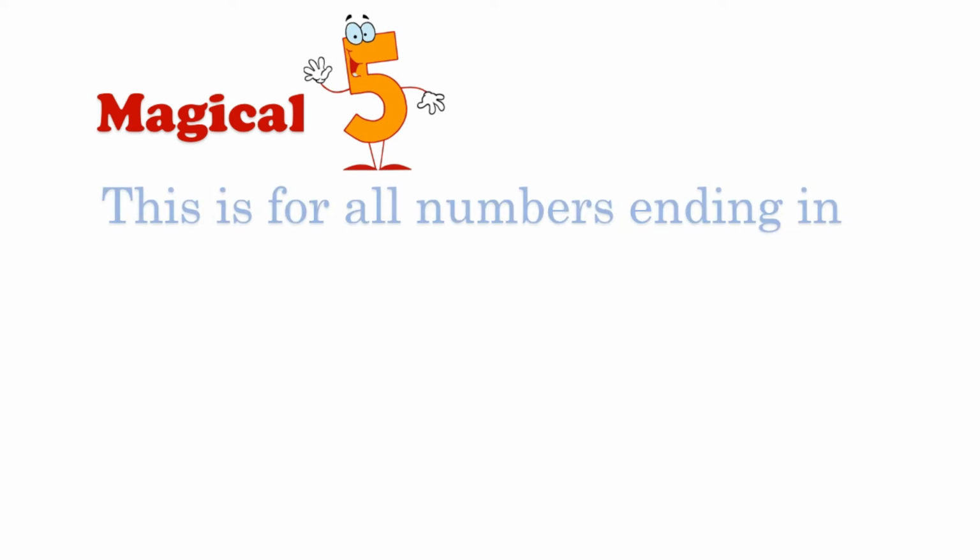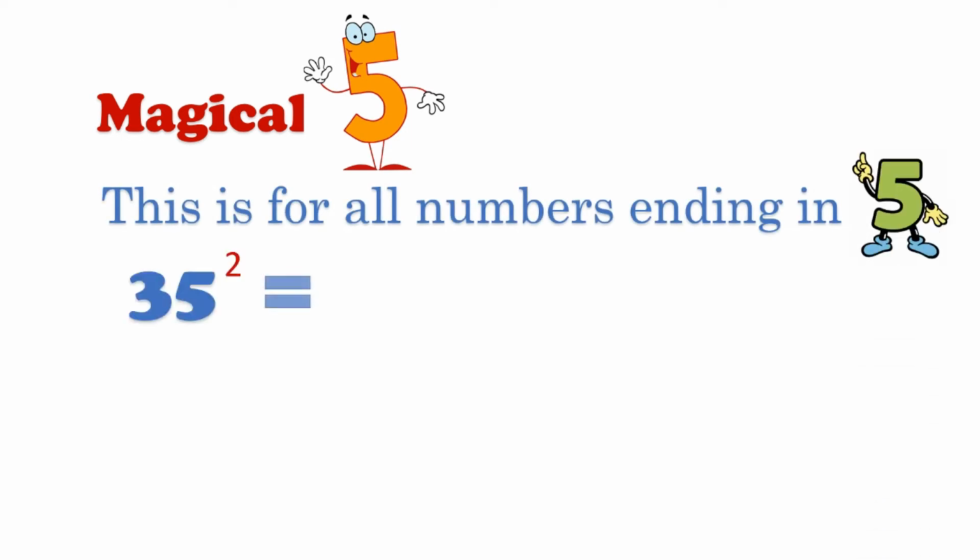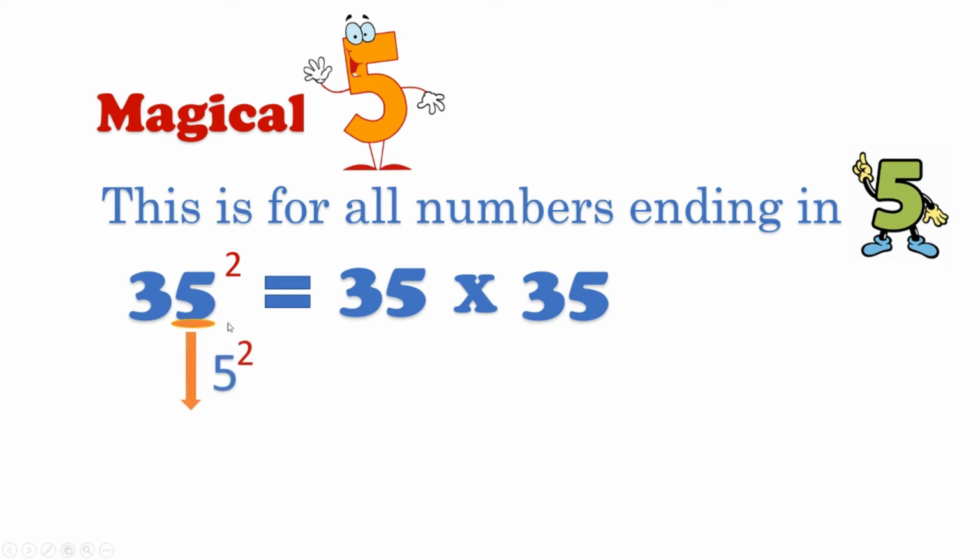Do you want to repeat this magical 5 power for another number ending in 5? Let's look at 35 square, which is equal to 35 times 35. Now what did I say? Look at your ones place, which is 5. Make the square of 5, which is equal to 25, and park it aside. Now come to tens place. Now this is 3.